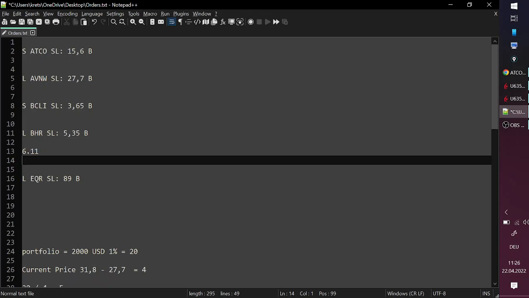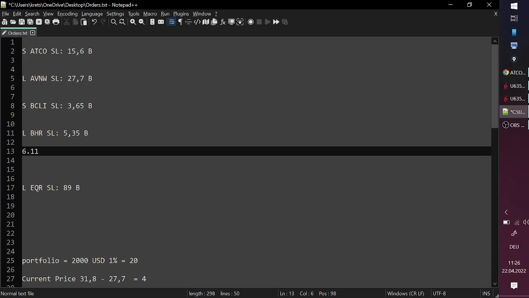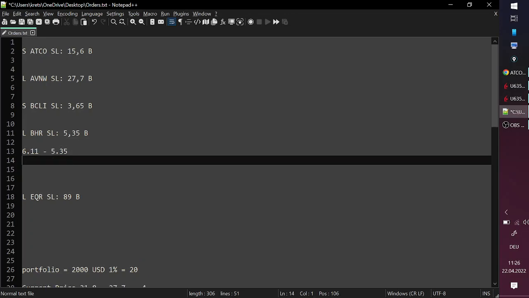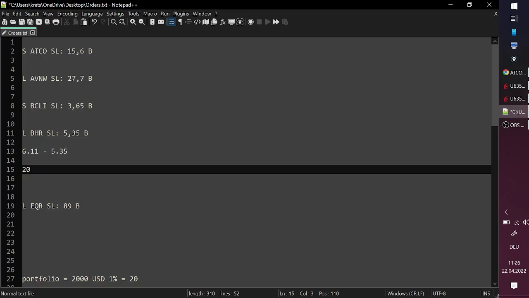So 6.11 minus 5.35, it's 75 cents. 75 cents into 20. How many times? Around 30 times, because 7 times 3 is 21, right? So let's assume it's 30 times.